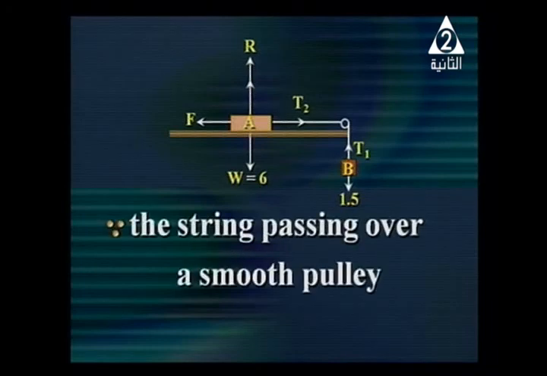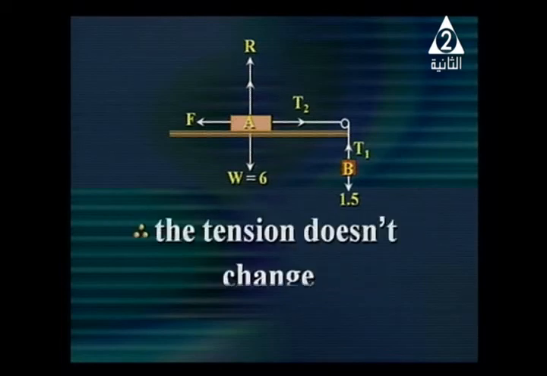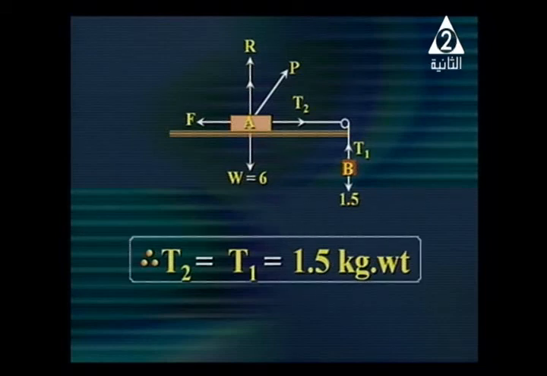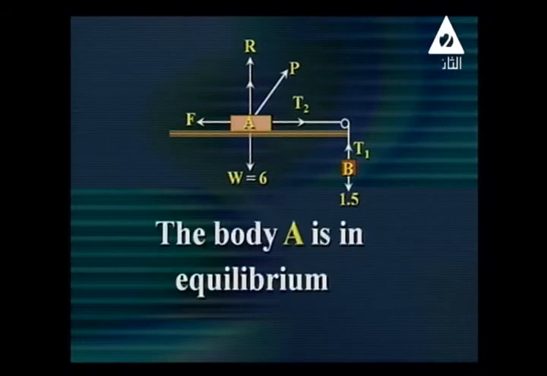Look at the string passing over a smooth pulley. The tension doesn't change. What do you mean? T2 also equals T1. Each one equals 1.5 kilogram weight. The body A is in equilibrium. What do we deduce? We have two equilibrium equations.